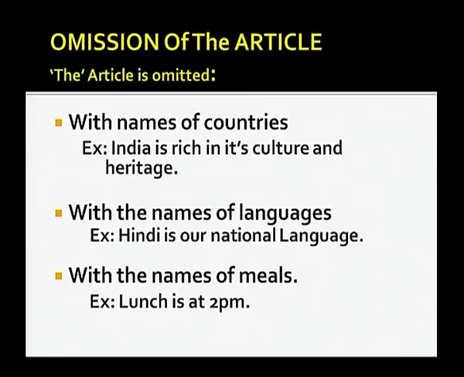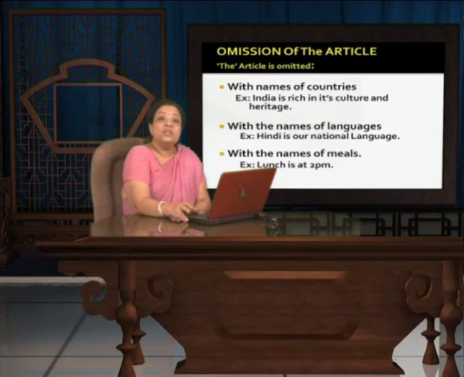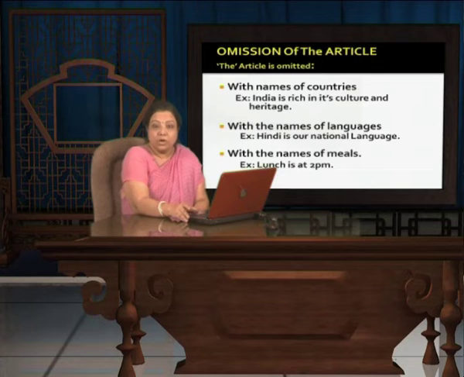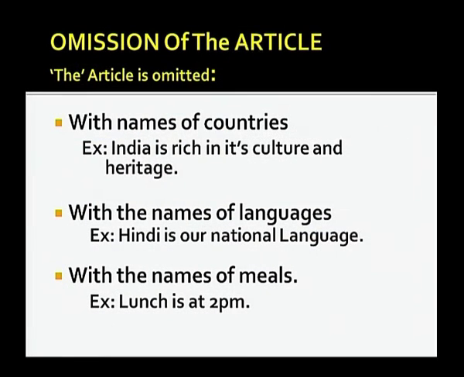Now, very important for you students to know where these articles can be omitted, where they are not used, either a, an or the. There are a number of situations where we don't use any of these articles. Let's take a look. With names of countries, we don't use a, an or the.